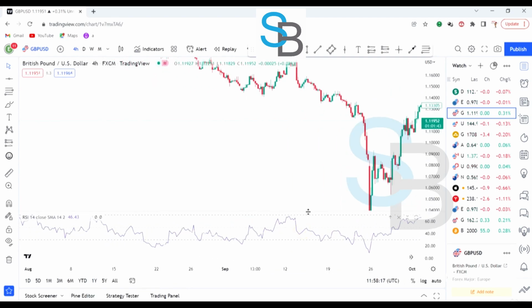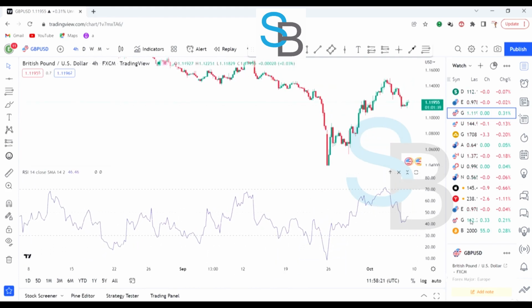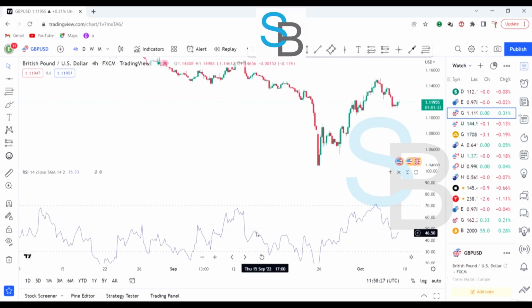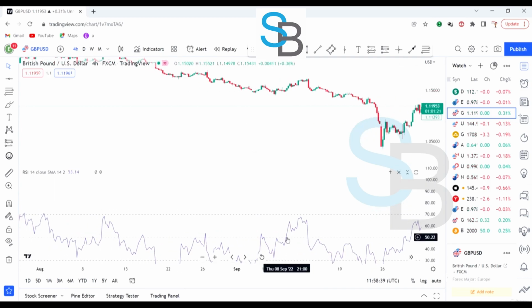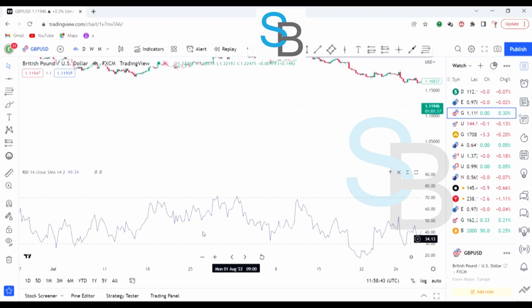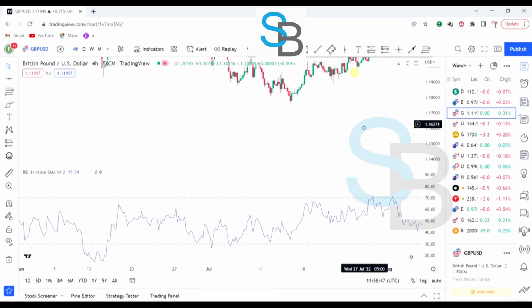When the market starts crossing above, we now tell ourselves that we've entered a period of buying. Some traders also tend to use this tool by focusing on the 50 level here. Some traders might say that when prices are trading below the 50 level, the momentum for selling is strong. When prices are trading above the 50 level, the momentum for buying is strong, so they look for buying opportunities.